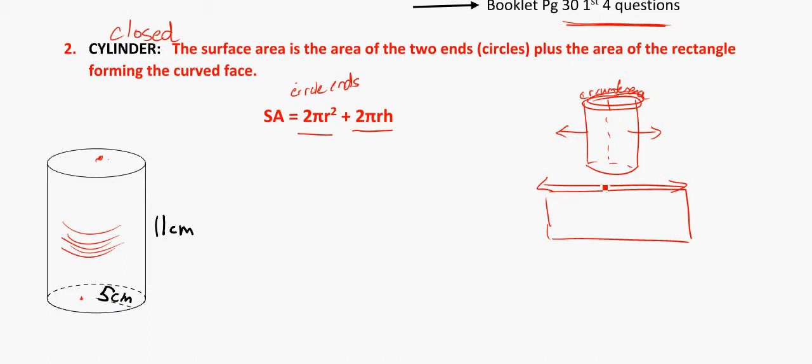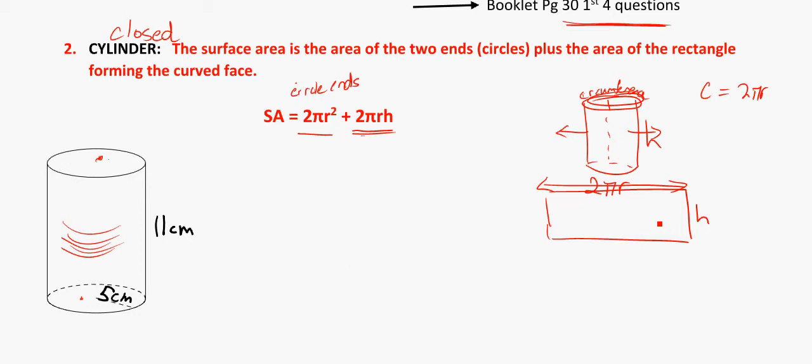So the formula for the circumference is pi d, or 2 pi r. We'll use 2 pi r here. So we know the length of that is 2 pi r. Now the height is just the height of the roll. So that's where we get the 2 pi rh. It's the area of a rectangle.